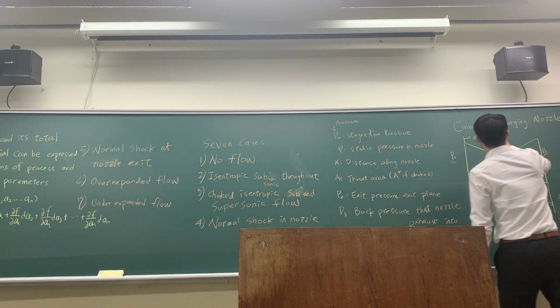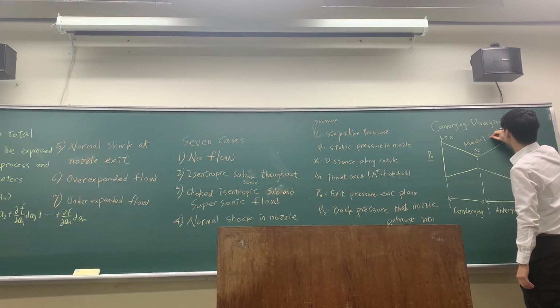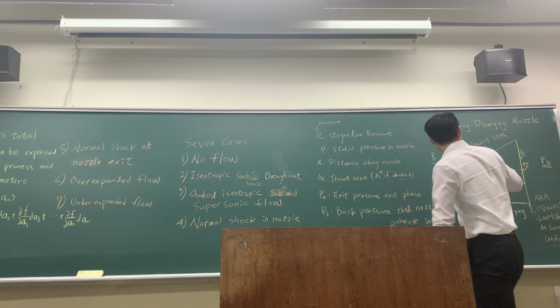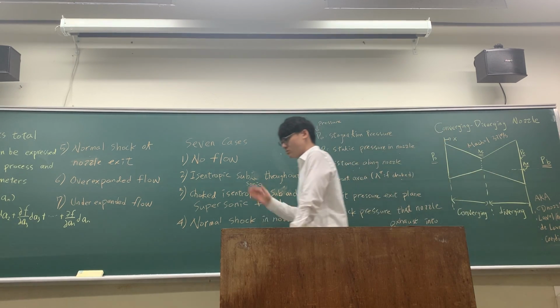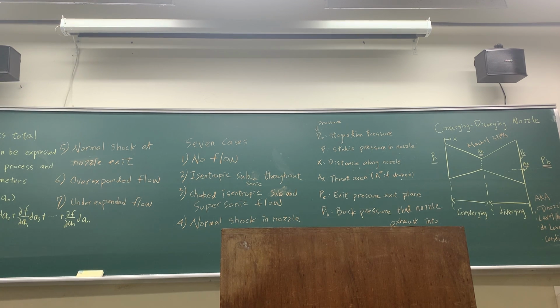So this is the area that reaches Mach equal to 1, and then you have two solutions. Again, depending on your convergent-divergent nozzle, you either have subsonic flow or supersonic flow.